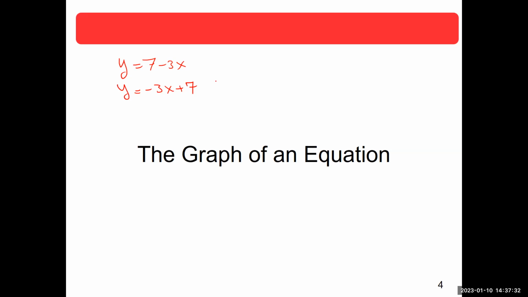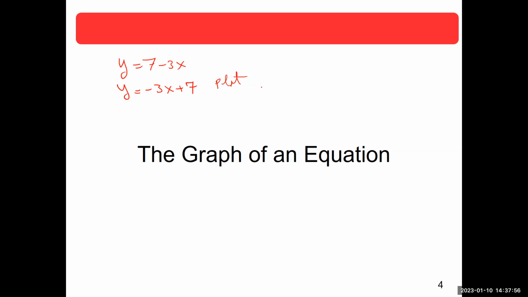Plot. Well, how do you plot it? I need to have a few points to plot it. And where are the points going to come from? You have to make an assumption. You use any value for x, you find the value of y, and get another one.